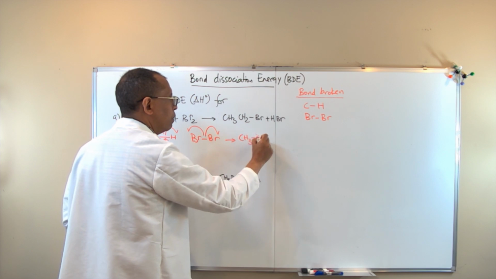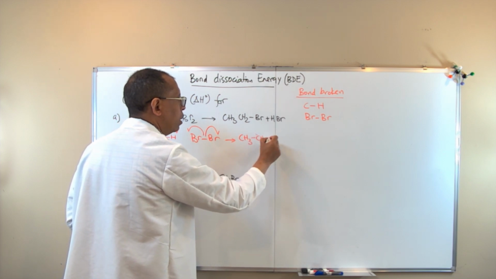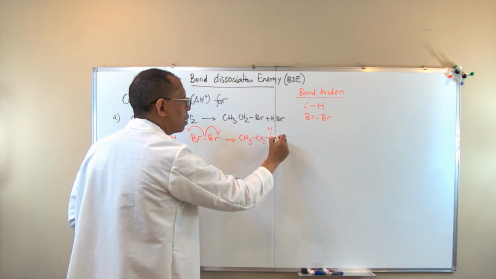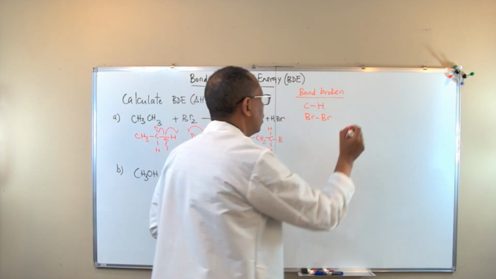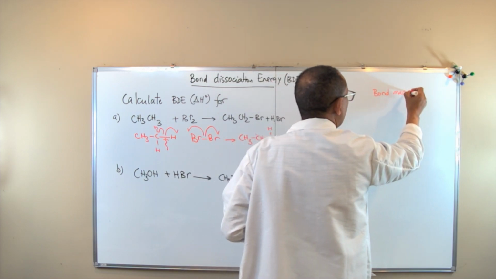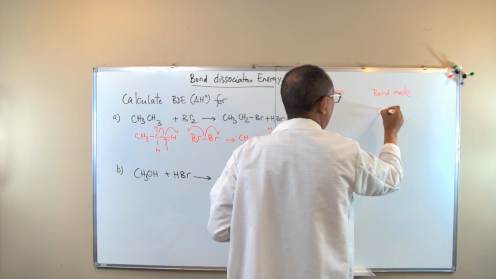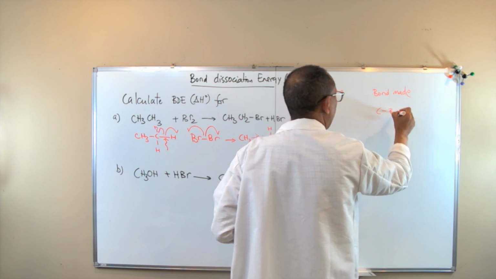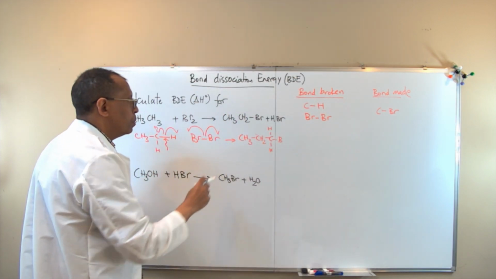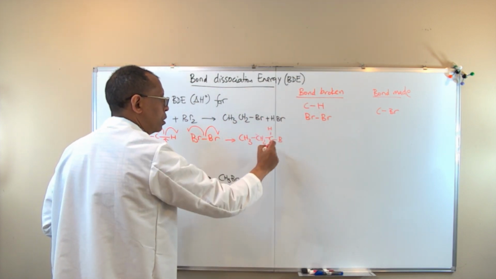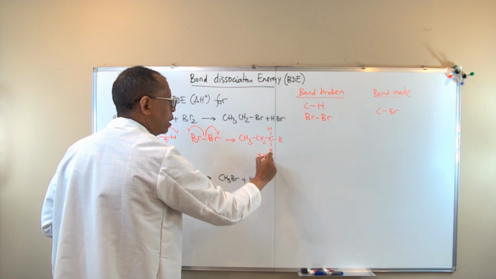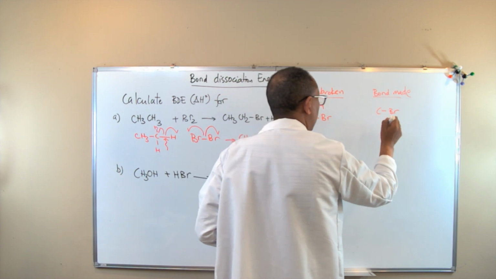The one which is made is this carbon-bromine. So bond made is the carbon-bromine bond, and also a hydrogen-bromine bond is made. So HBr is made.